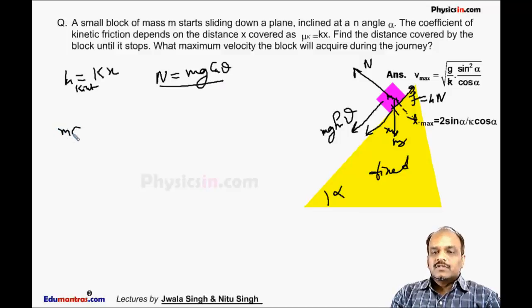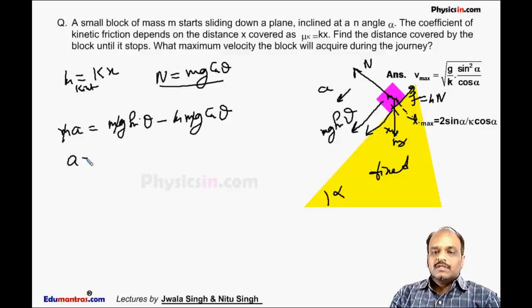Now we can say mass into acceleration of this block, let this block be moving in this direction, is equal to mg sin theta minus mu mg cos theta. So m will cancel out, we get a is equal to g sin theta minus mu, which is kx, so kx into g cos theta.